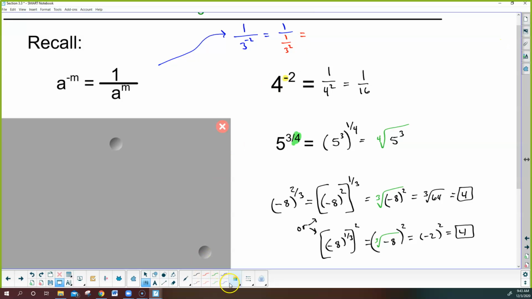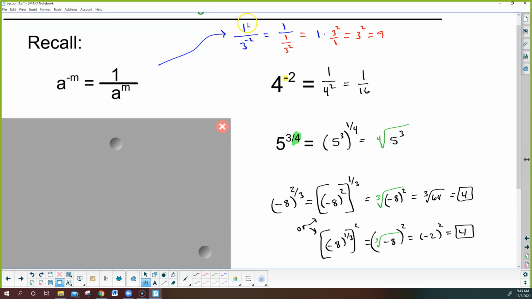But if I've got a number divided by a fraction, instead of dividing by a fraction, it's the same as timesing by the reciprocal. So notice this overall answer just ends up being 3 squared, or 9.